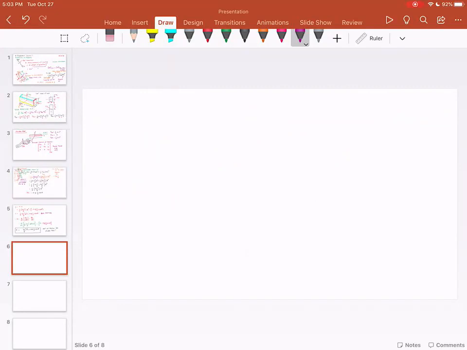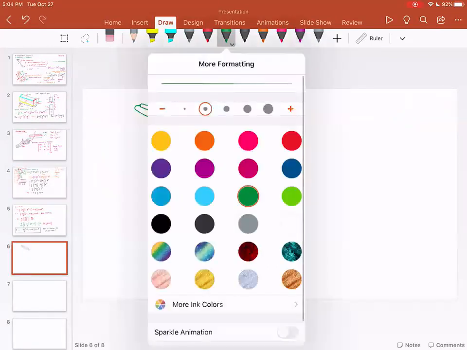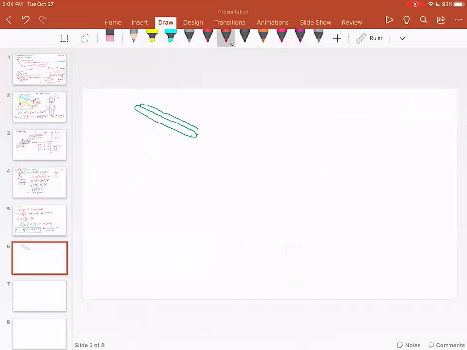So consider a rod, and now this rod is capable of moving or rotating in x, y, and z direction. So this is x, this is y, and this is z.